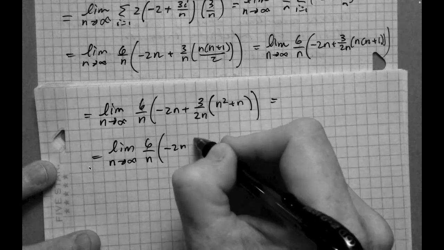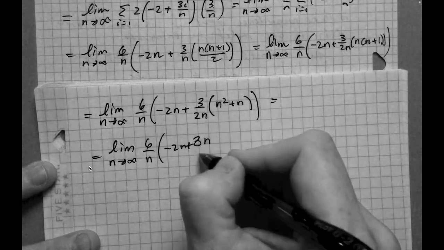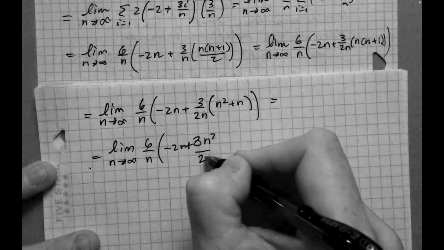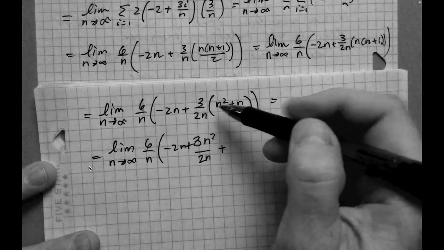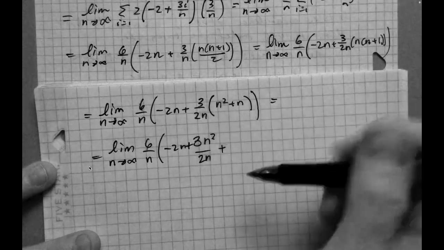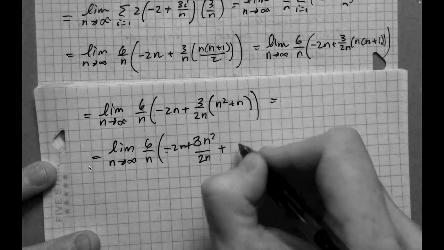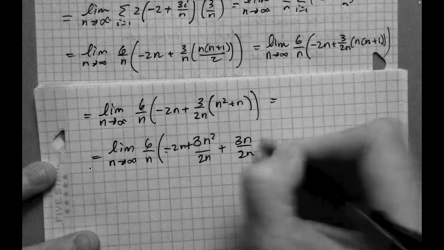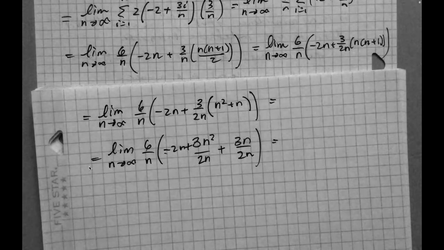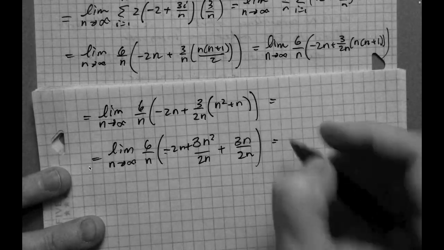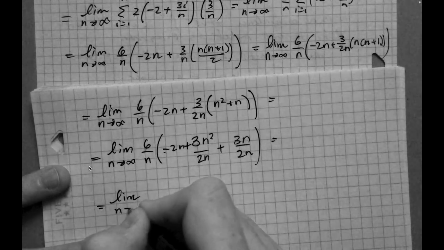So you'd have 3n squared over 2n, plus 3n over 2n, and then -2n, and the 6 over n is outside here. Okay, so this would be the limit as n goes to infinity.